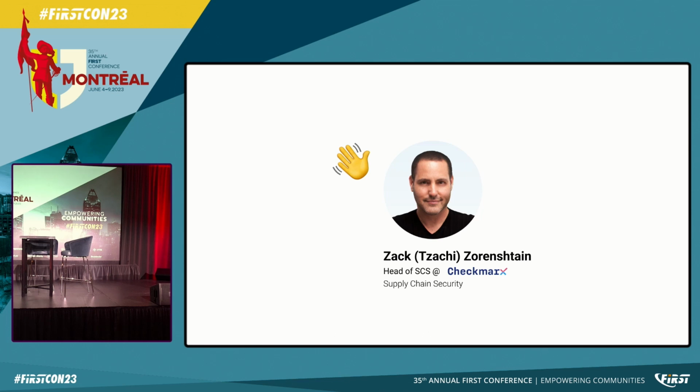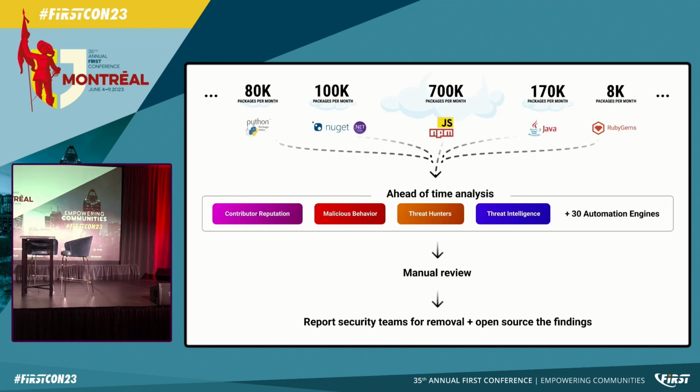What does it mean? Basically, for every open source package that we monitor, and this is just a small list of the open source repositories that we monitor, we download them and we run an analysis pipeline.